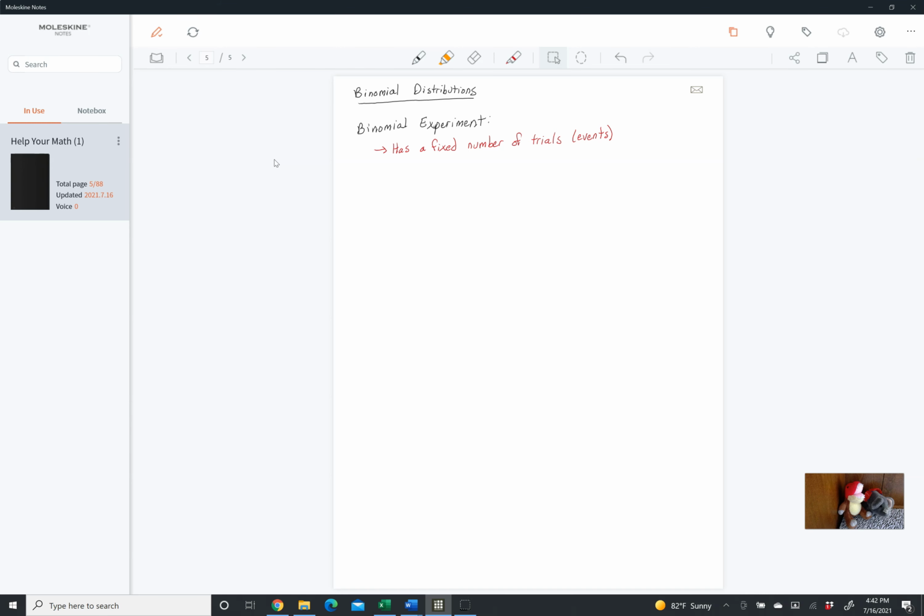These would be examples of events, and they're all independent, meaning that the outcome of each event is not dependent upon the outcome of any of the other events. So if a baseball team is playing a game, whether or not they win that game has nothing to do with whether or not they won the game before, or the game before that, or the game before that. So these would be independent events.